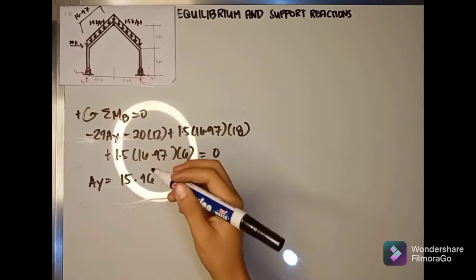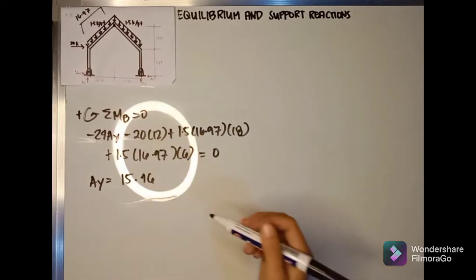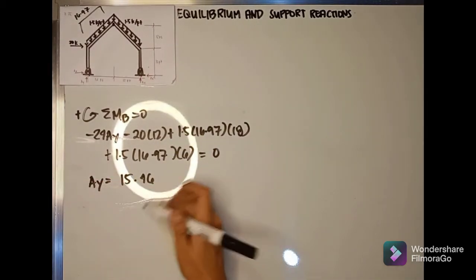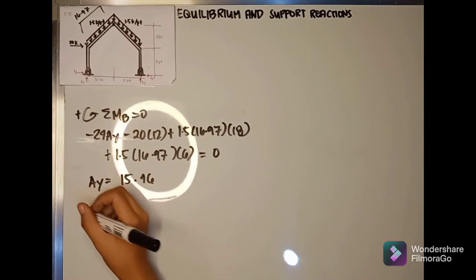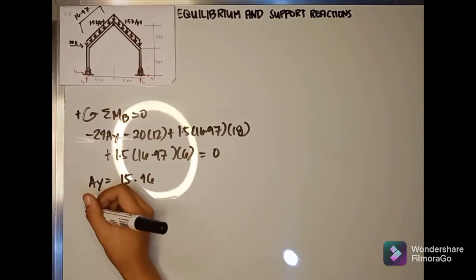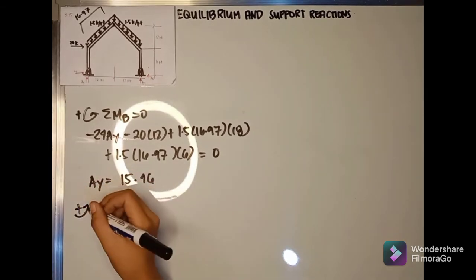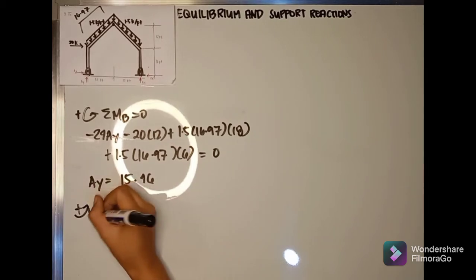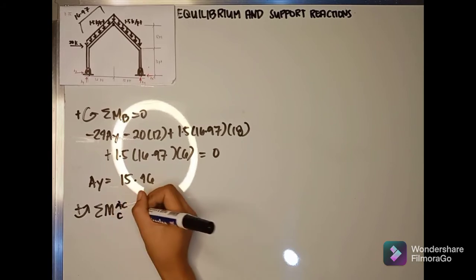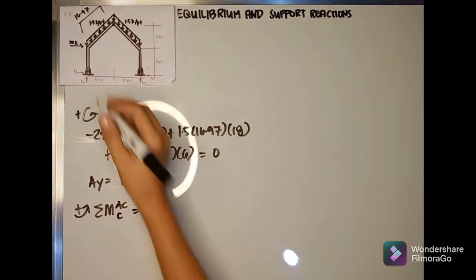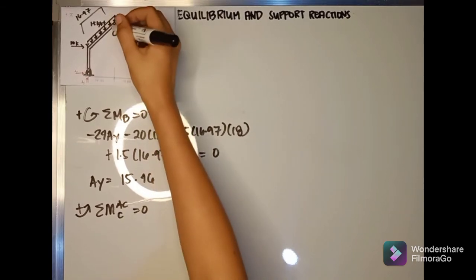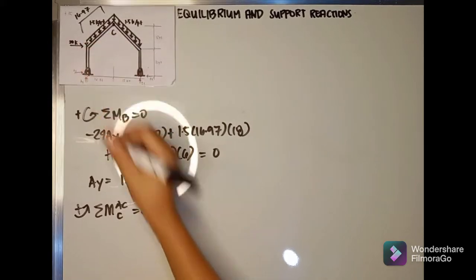Now let's find AX by moment equilibrium. Counterclockwise is positive. Summation of moment at segment AC, point C, is equals to 0. So point C, this is point C. We're only gonna deal with this segment to find AX.